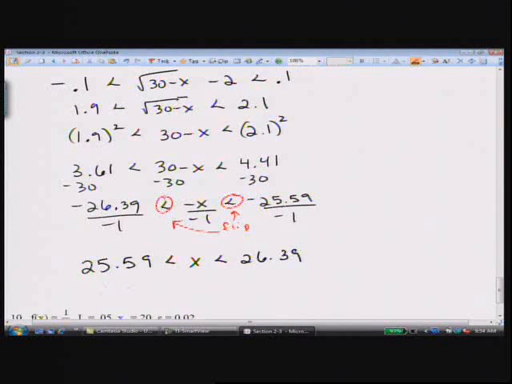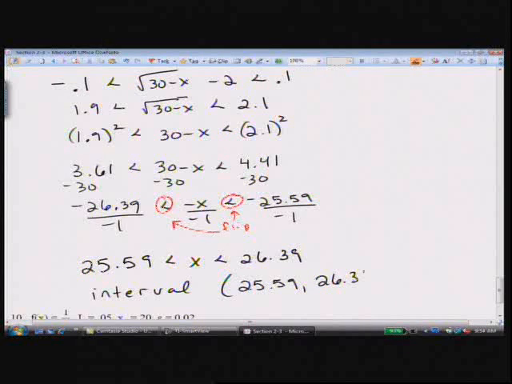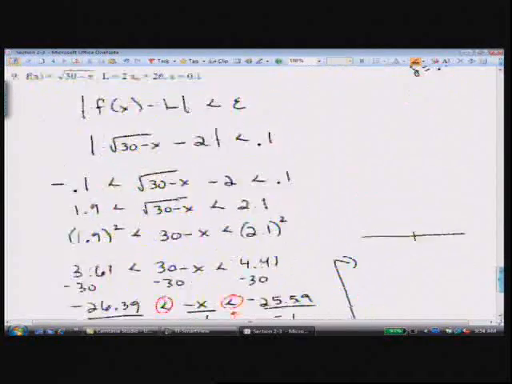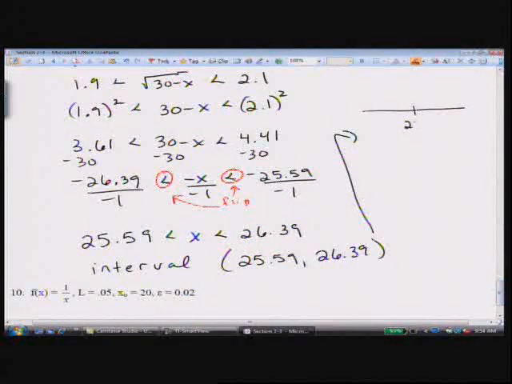Right? And so my interval is exactly that, 25.59 to 26.39. And if I put that on a number line, what goes in the middle? It was the original value, the x naught, which is 26.